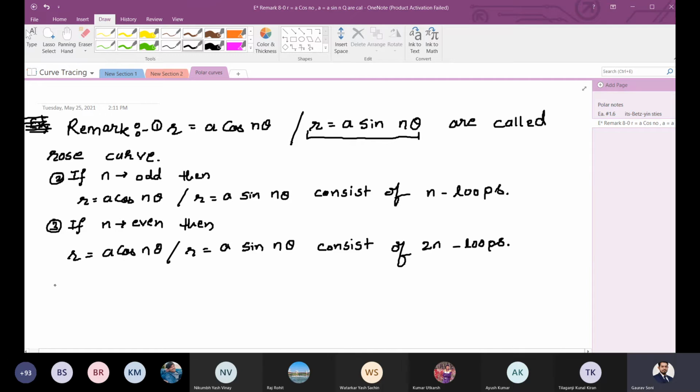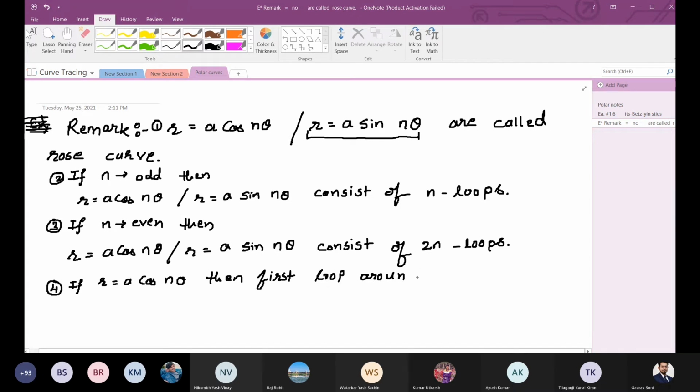For this, fourth and fifth are very important. So if R is equal to A cos n theta, then the first loop is around theta equal to 0.